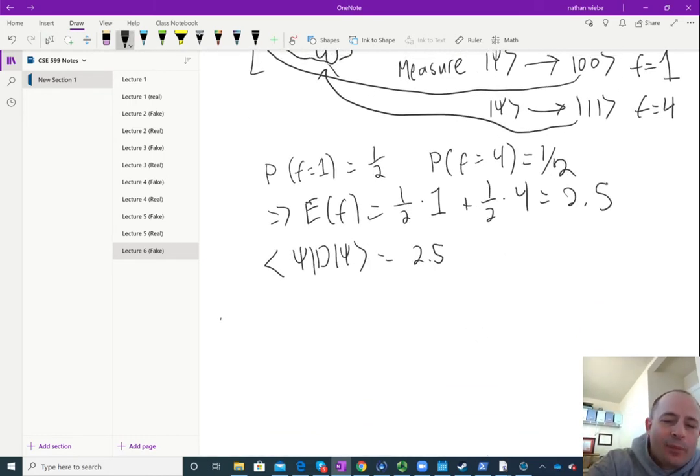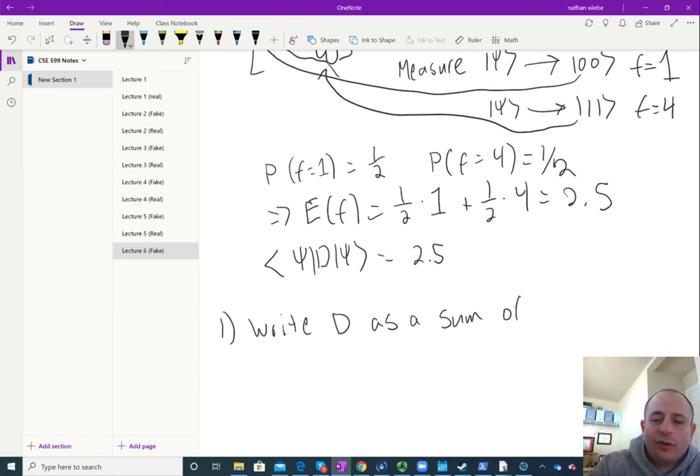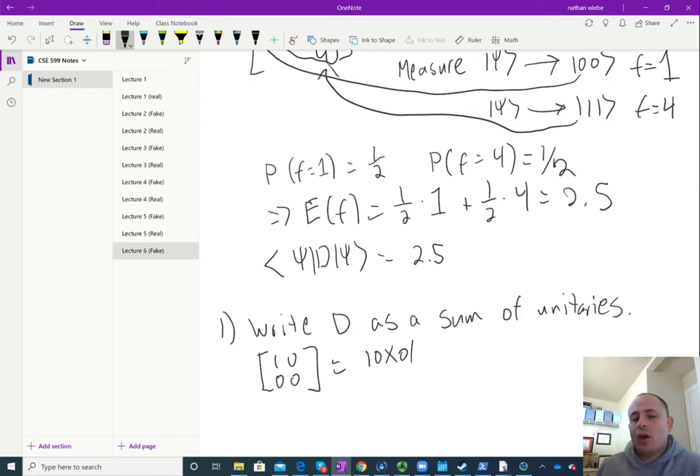the first step is write d as a sum of unitaries. So, for example, let's say we want to do the matrix 1, 0, 0 over here. But that is equal to, again, this.